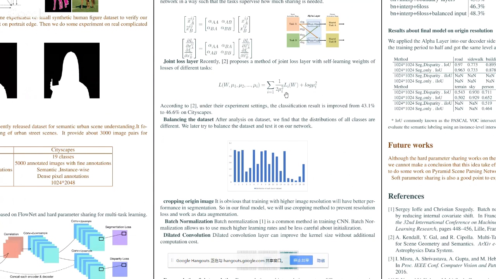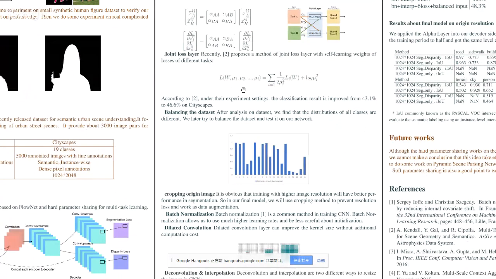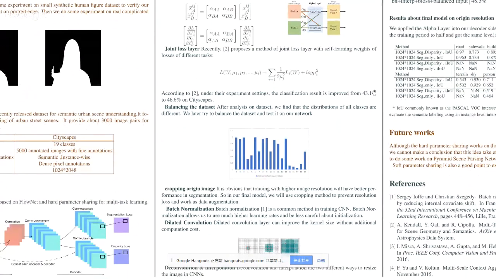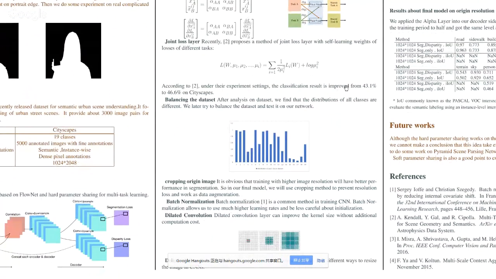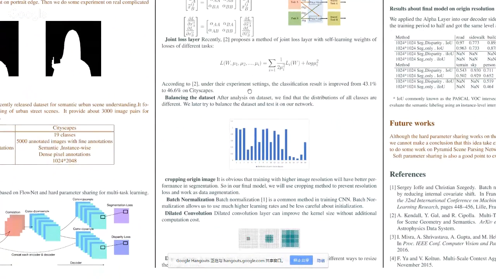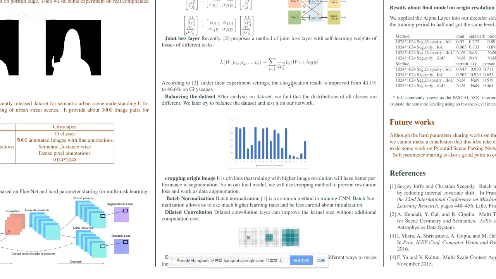And the new thing here is the coefficient of the different tasks, and it can also be automatically updated through backward propagation. And this works for their network and gets great improvement.